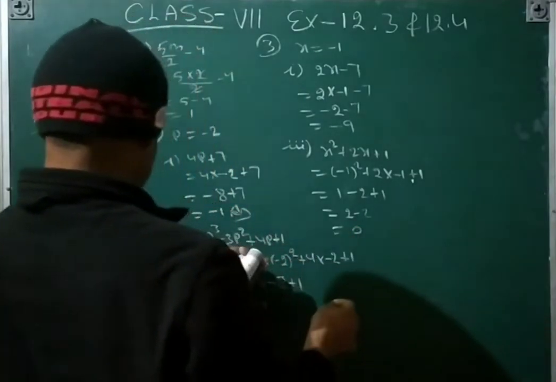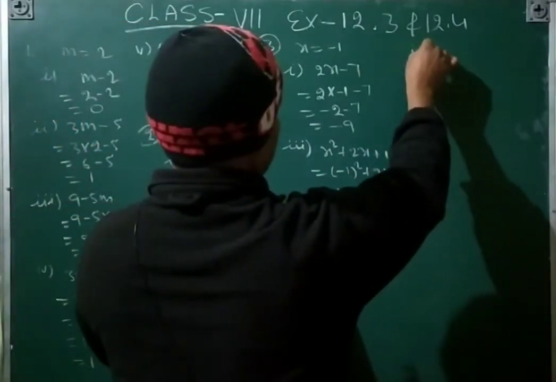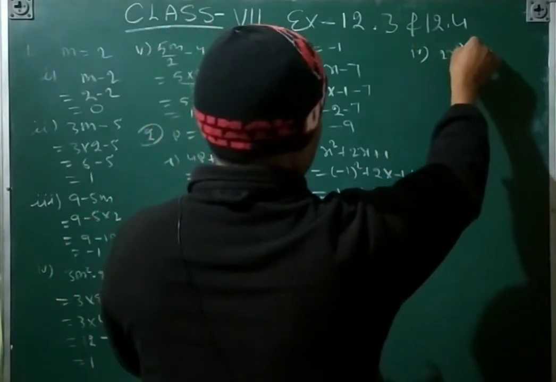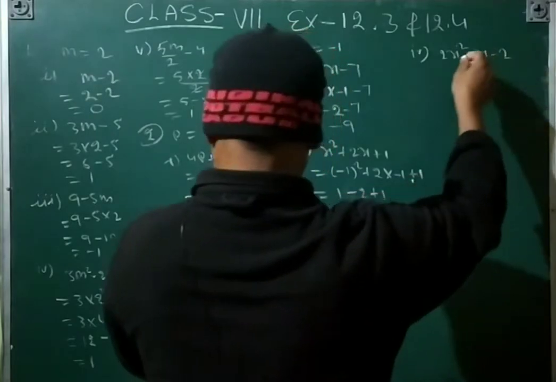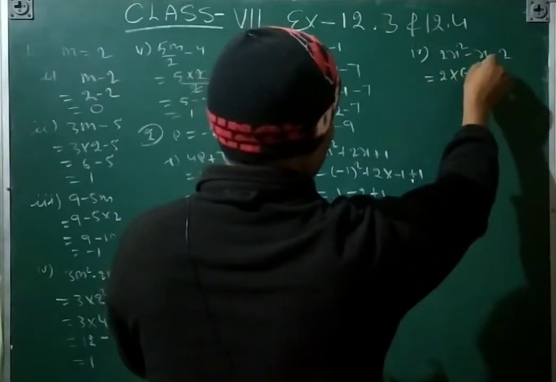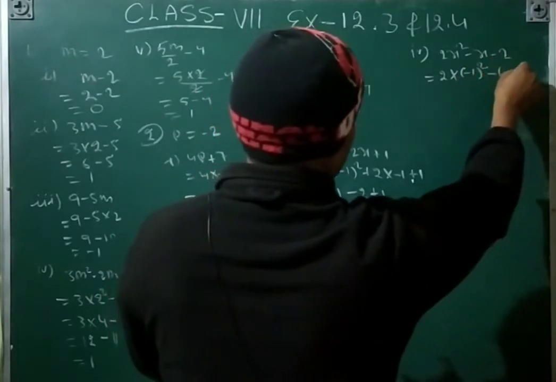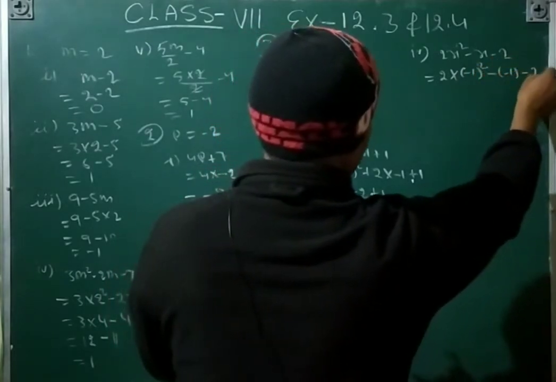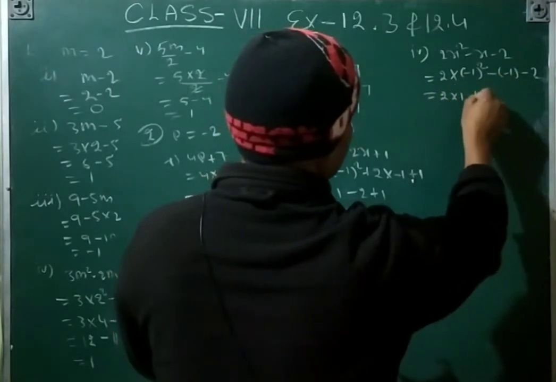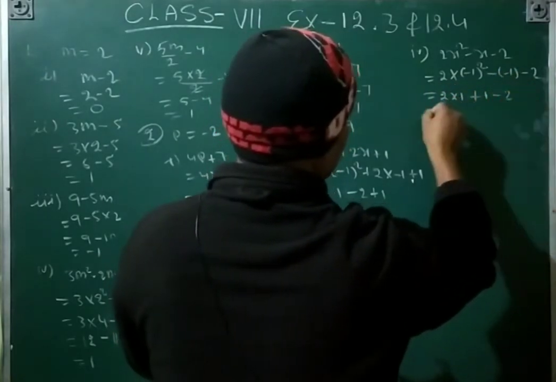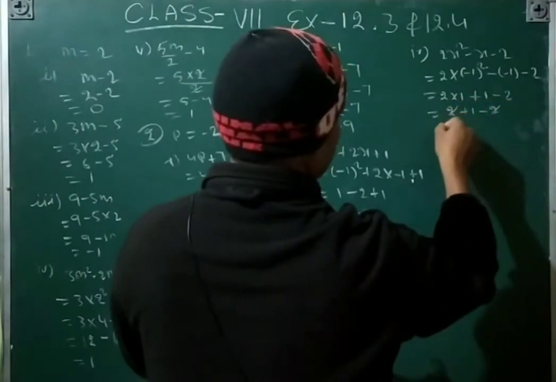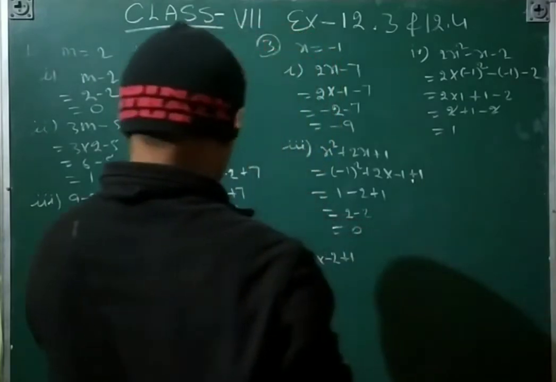And then fourth part, also see that: 2x square minus x minus 2. So 2 into minus 1 square, and then minus of minus 1, minus 2. So 2 into 1 plus 1 minus 2, so 2 plus 1 minus 2. Minus 2 plus 2 cancel. That is 1, answer.